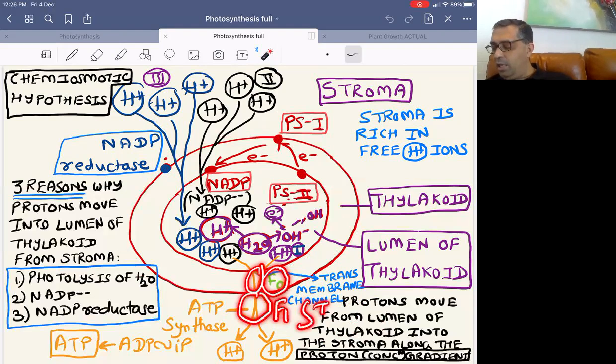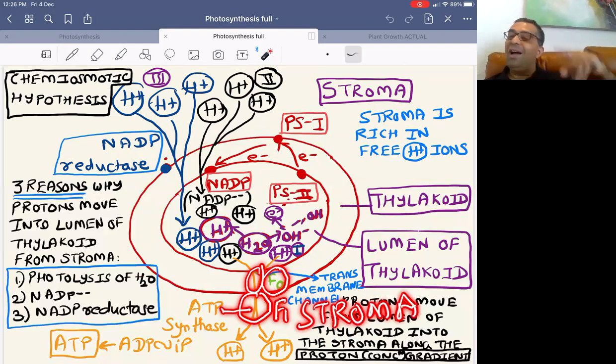F1 is found in the stroma and the F1 particle has in it the same enzyme. If you remember, the enzyme called ATP synthase enzyme. So ATP synthase enzyme is found in the F1 particle.